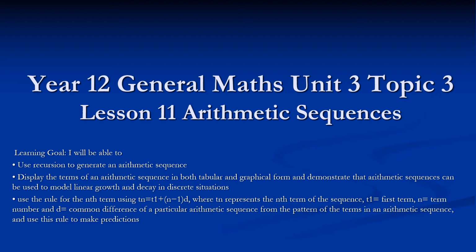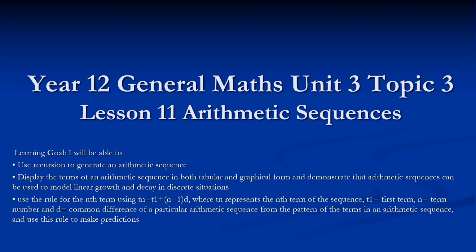So the rule for the nth term is: the term number equals the first term plus that number minus 1 multiplied by d. Here t sub n represents the nth term of the sequence, t1 equals the first term, n equals the term number, and d equals the common difference of a particular arithmetic sequence from the pattern of the terms.